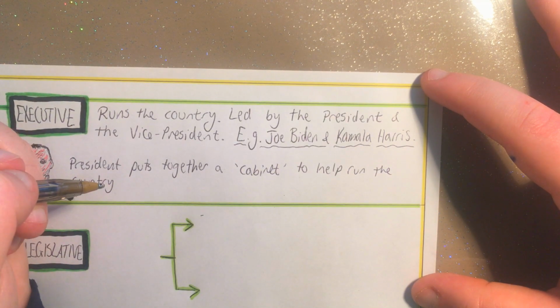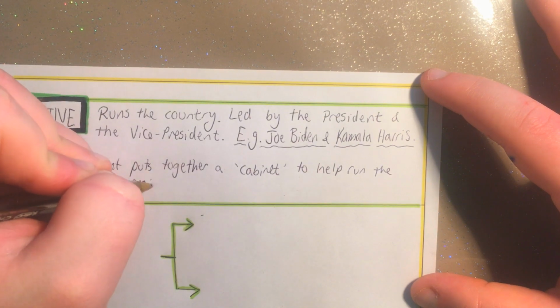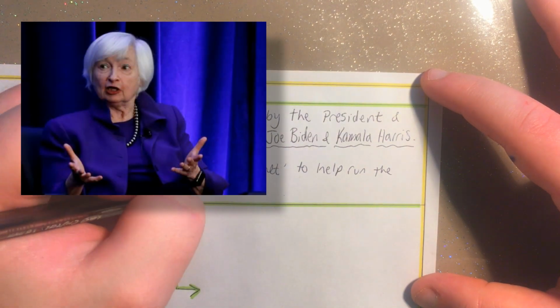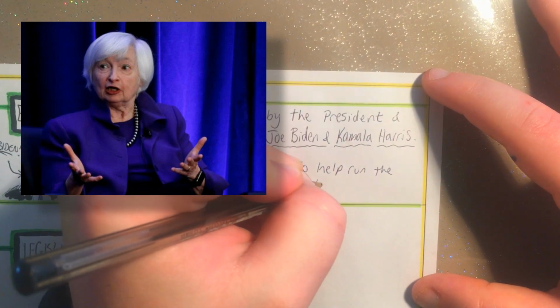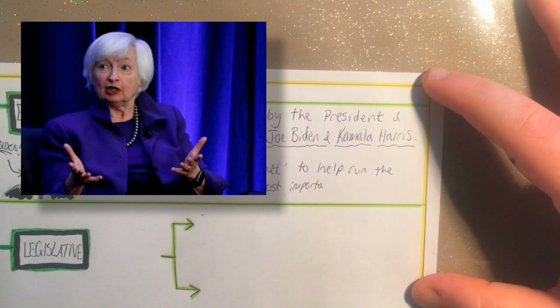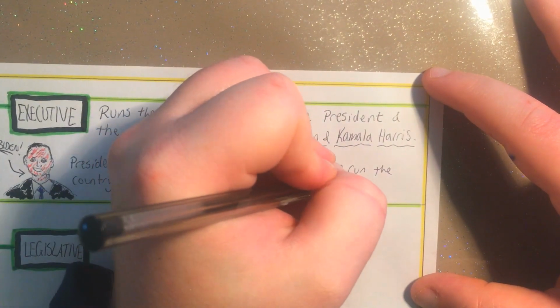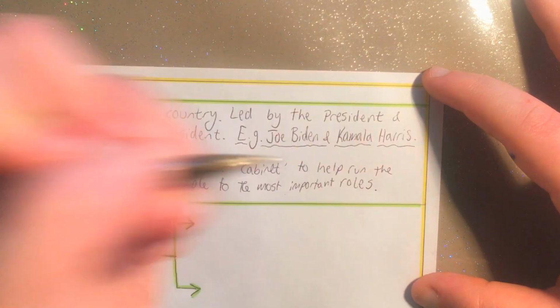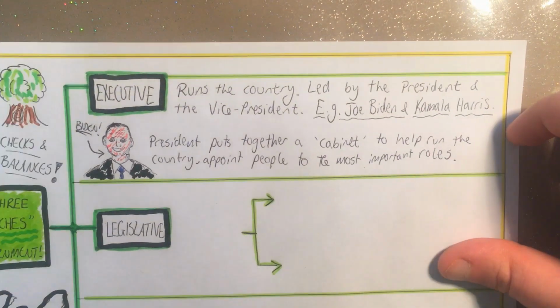I don't think I write it in now, I think I came back to it later, but an example would be that Biden outlined that Janet Yellen is going to be the Treasury Secretary, or the Secretary for the Treasury. So these cabinet positions are put in place in these important roles, like the Secretary of Defense and Secretary of State as well. So that's the executive. They've got lots of power.